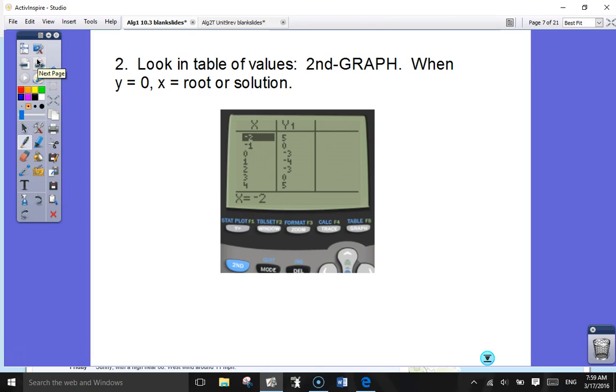So let's see. The second option you've got to solve is you could look at the table of values, right? If you can't estimate what you see right there, the table of values is above graph. So you go second graph, and then look for where y equals 0.